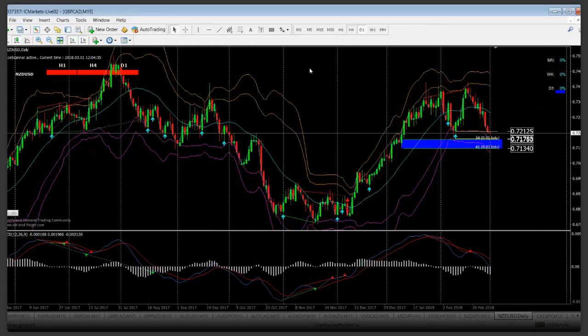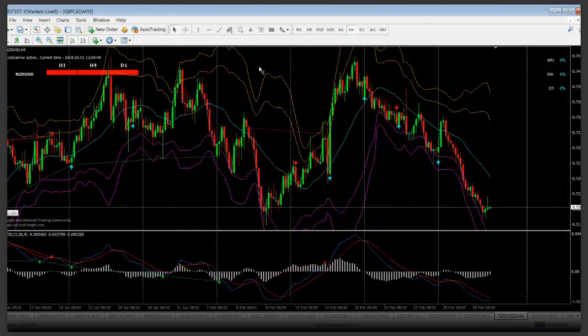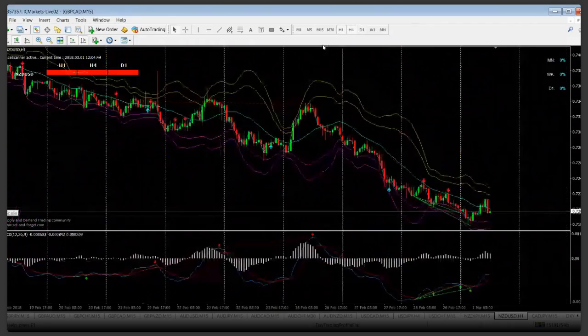What's happening on the 4-hour charts? Still, I can see that dropping more.